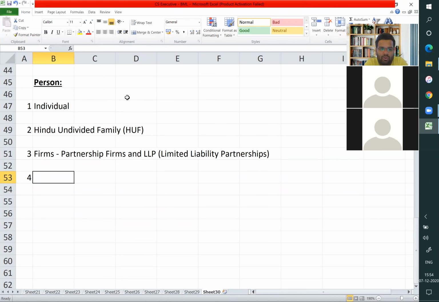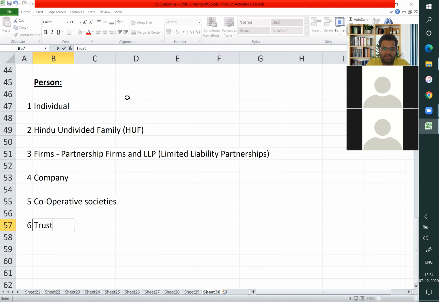So person would include individual, HUF, firm, companies, cooperative societies, trusts, and basically any other artificial juridical person.